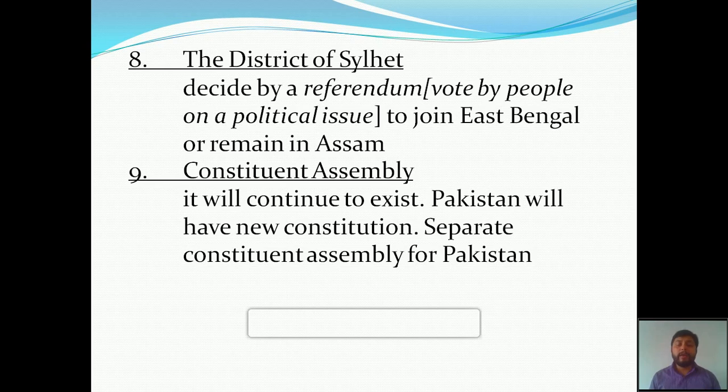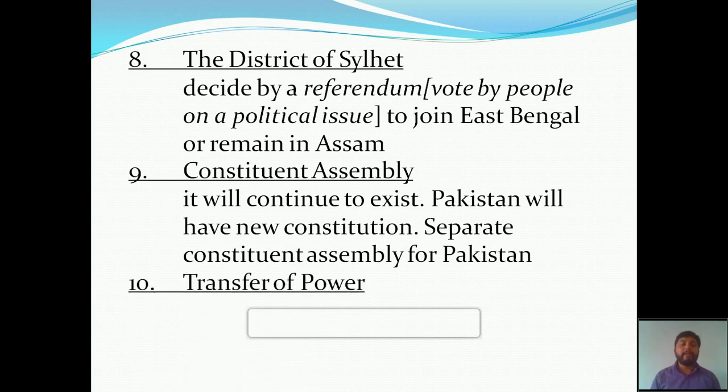It will not be applicable to Pakistan. Pakistan will have a new constitution, and there will be a separate constituent assembly for Pakistan which will be framing a constitution for Pakistan. So that's the ninth provision introduced by the Mountbatten plan.